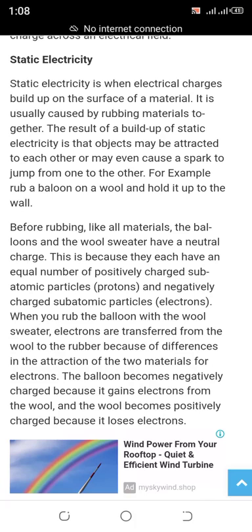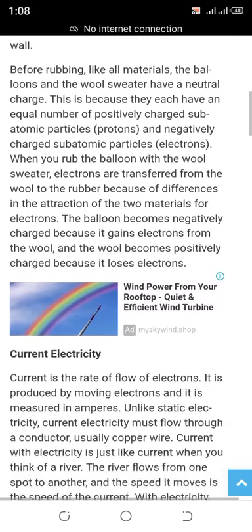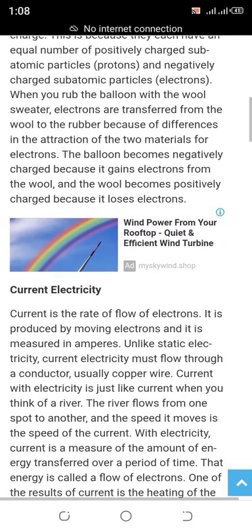For example, rub a balloon on a wool sweater and hold it up to the wall. Before rubbing, like all materials, the balloon and the wool sweater have a neutral charge. This is because they each have an equal number of positively charged subatomic particles, protons, and negatively charged particles, electrons.